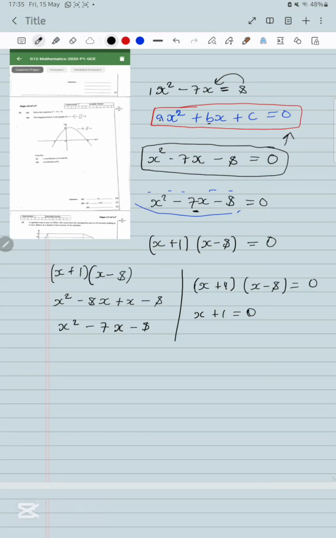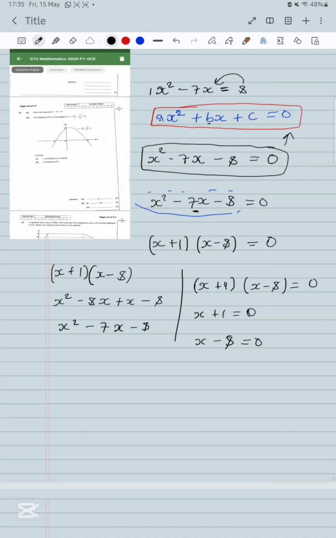You have seen it? Are you following? The other part is x minus 8, and we are going to equate it to 0 as well.